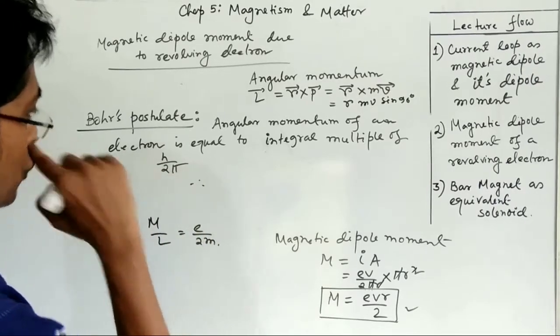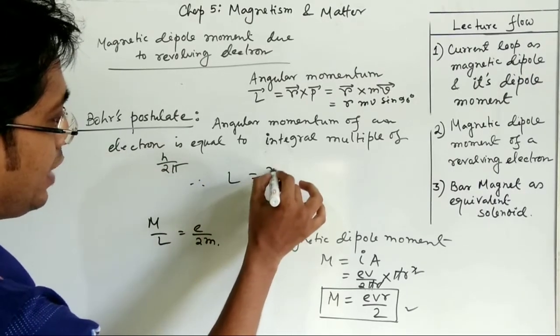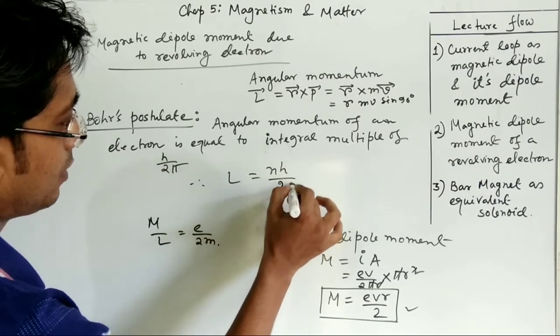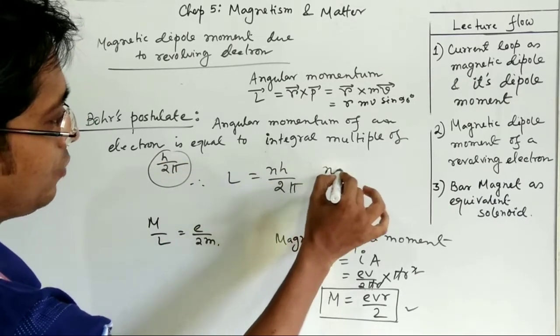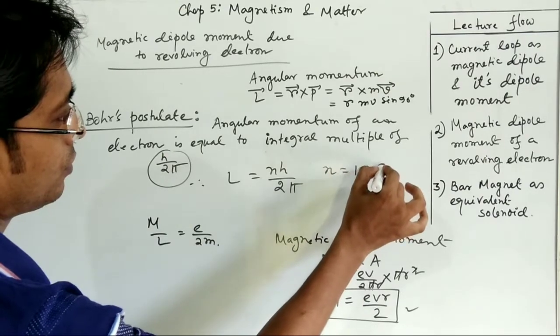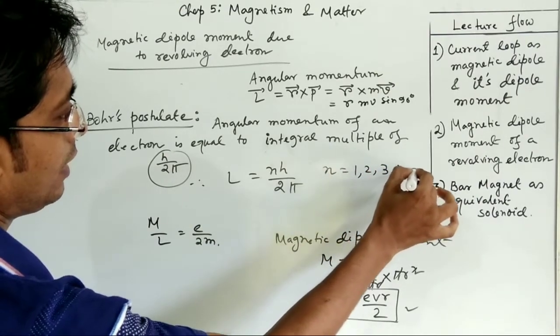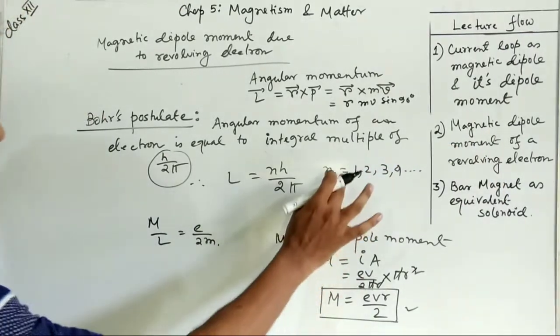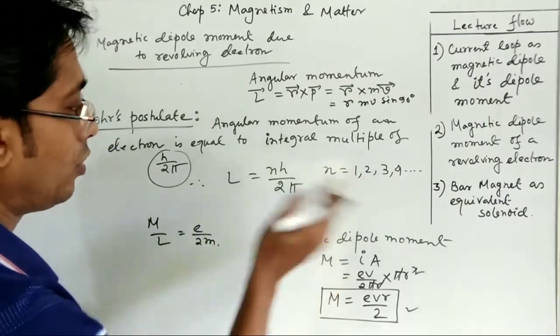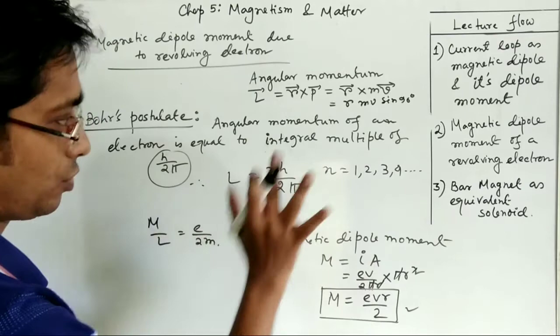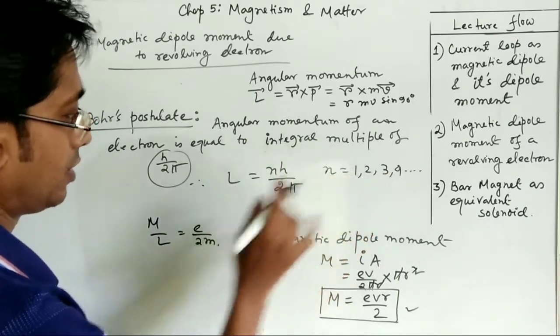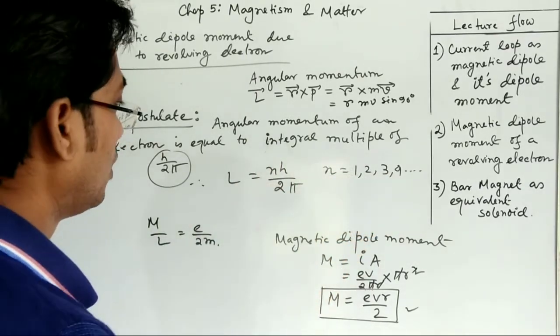So according to Bohr's postulate we can write L is equal to nh by 2 pi. So integral multiple, that is n. The n value will be 1, 2, 3, 4, 5 in this way. So this is an integer. It will not be 1.5 or 2.2, 3.4 in this way. So we have to take an integer, nh by 2 pi.